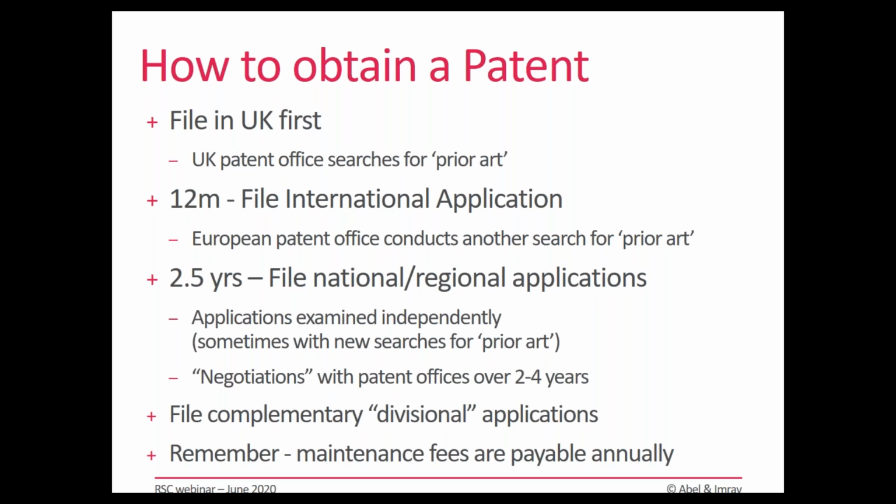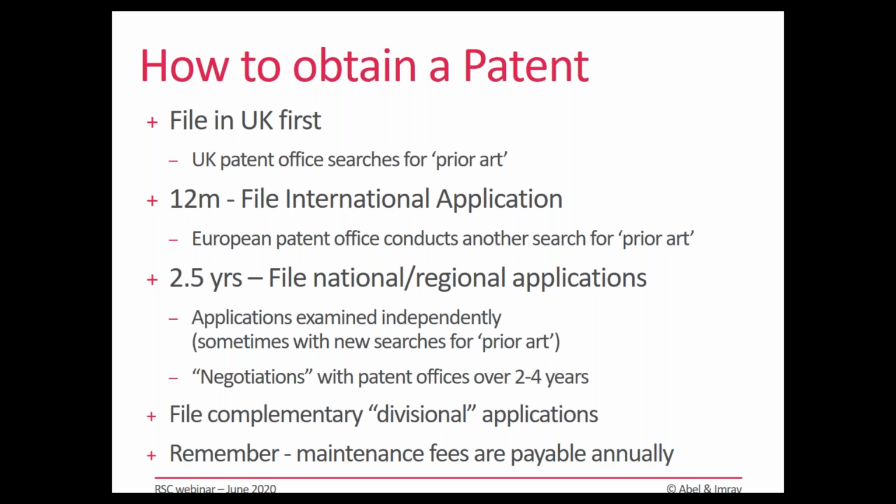At this point, the applications are treated independently by different patent offices in different territories, and different patent offices may do further search, and you essentially enter into a negotiation process with the patent offices to get granted patents. And that process takes between 2 and 4 years.